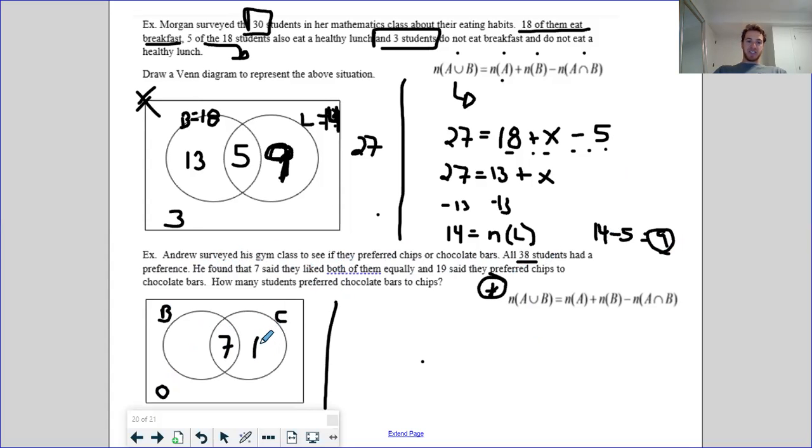Okay, so this section would be 19 because you would not put 12 because they actually did not like chocolate bars. So that's not the middle part. We know 7 was the middle. And now you are left with this section.